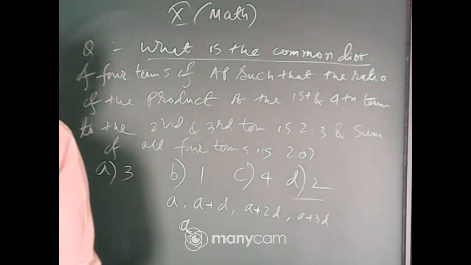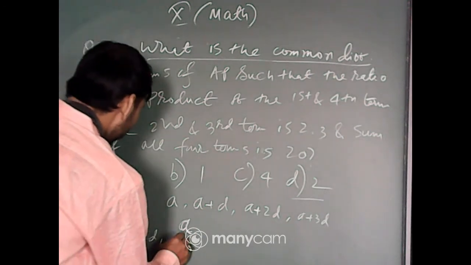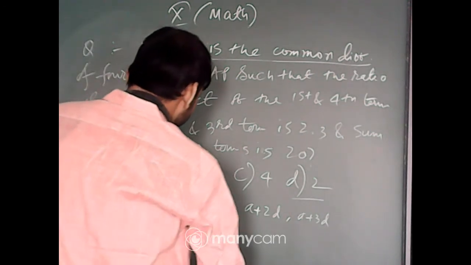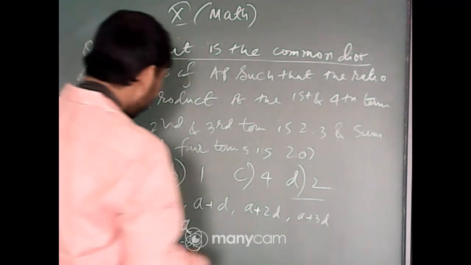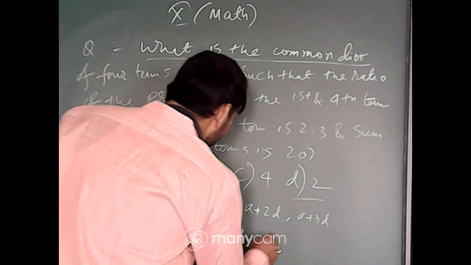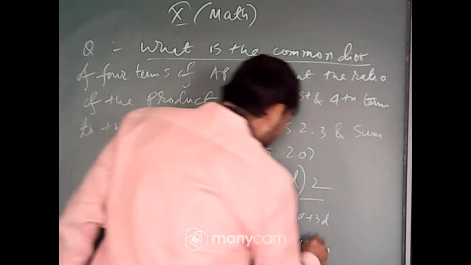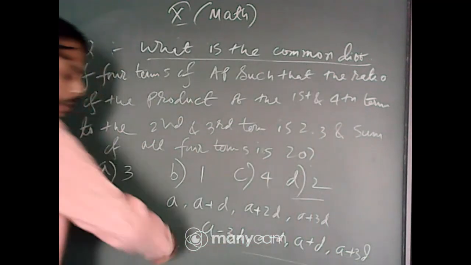Or you may take it A minus D, A minus 2D, A minus D. The fourth term is given, so you may take it in this way: A minus 3D, A minus D, A plus D, and A plus 3D. You may take it in this way also.